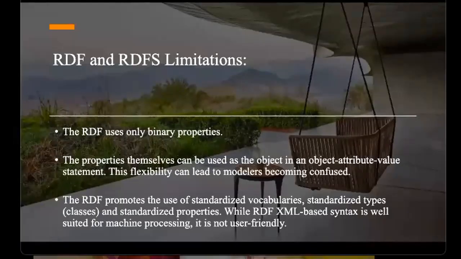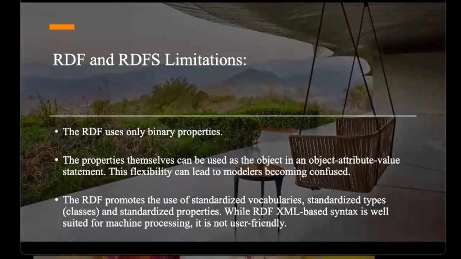RDF and RDFS limitations. RDF uses only binary properties. This restriction is important because we often use predicates with two or more arguments. Fortunately, RDF allows such predicates to be simulated. Another RDF limitation results from properties being special kinds of resources.